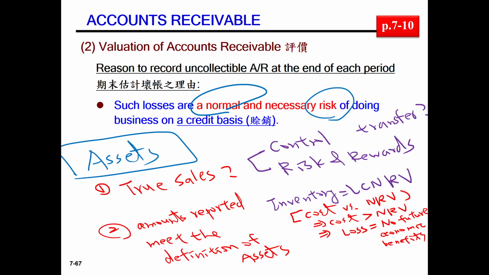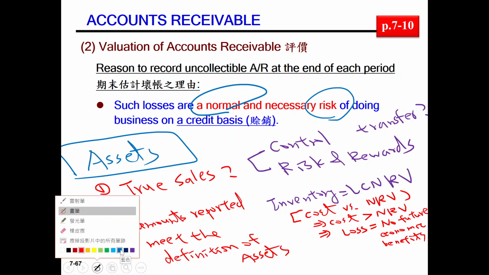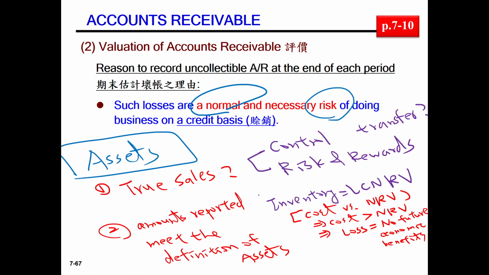Okay? So second one, for receivables, how do we do it?